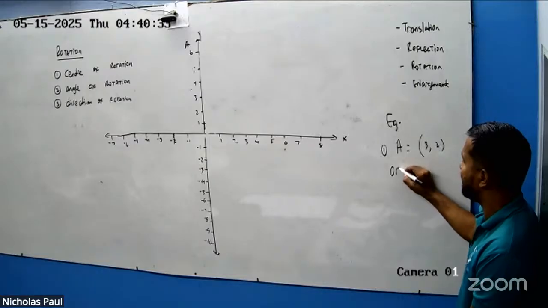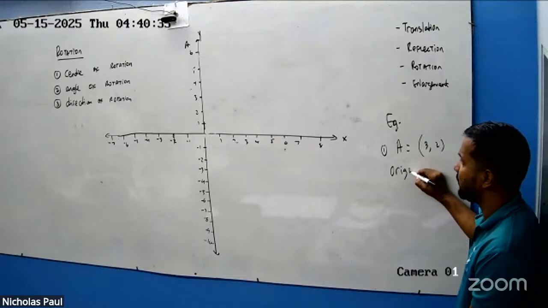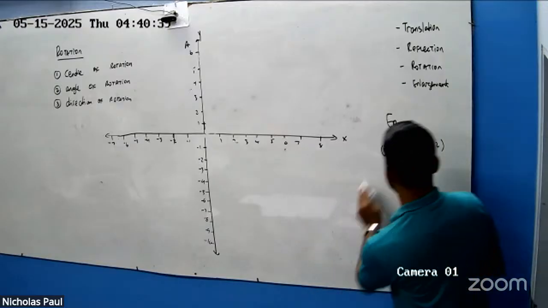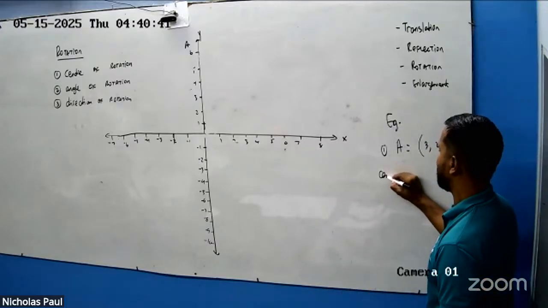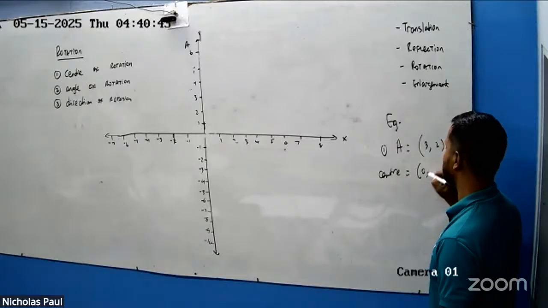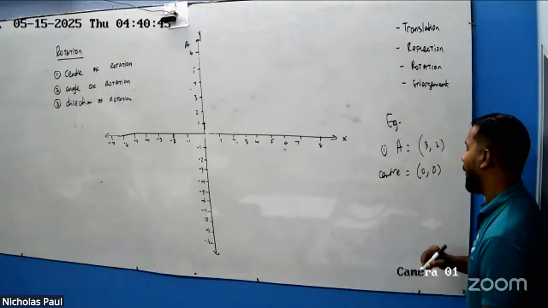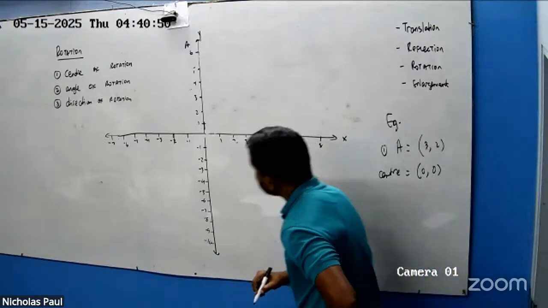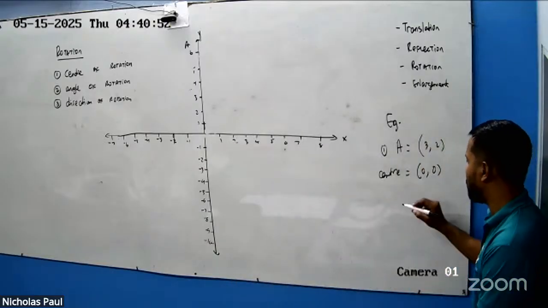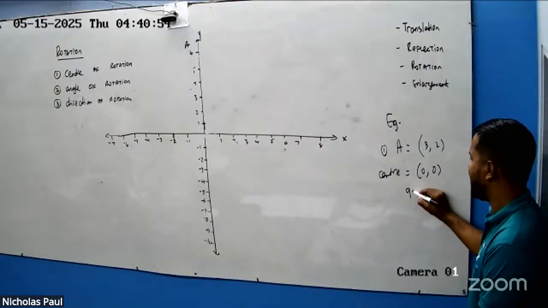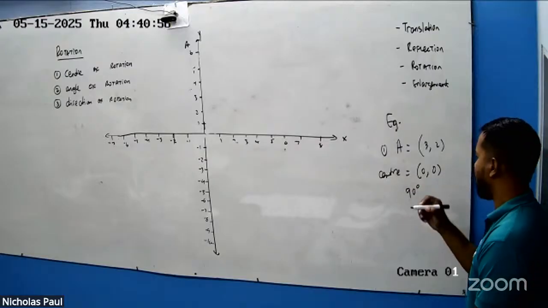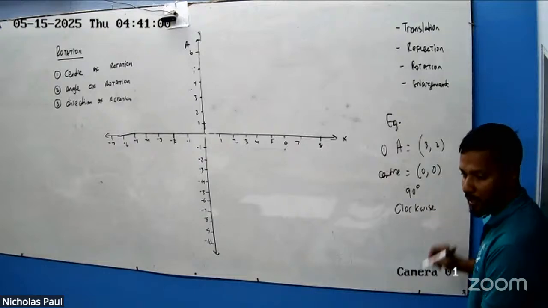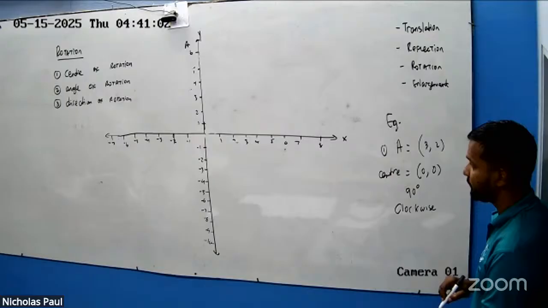And let our center of rotation be 0, 0. That's the origin. And let us go 90 degrees clockwise.